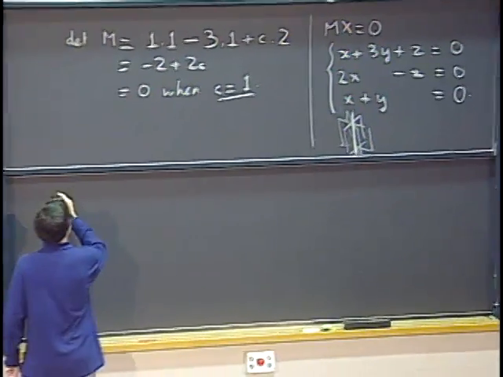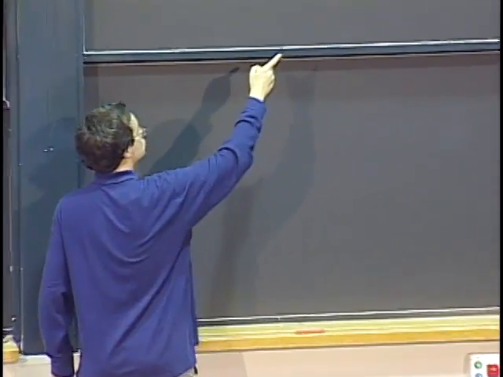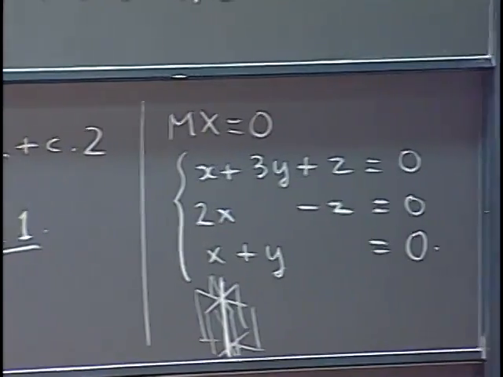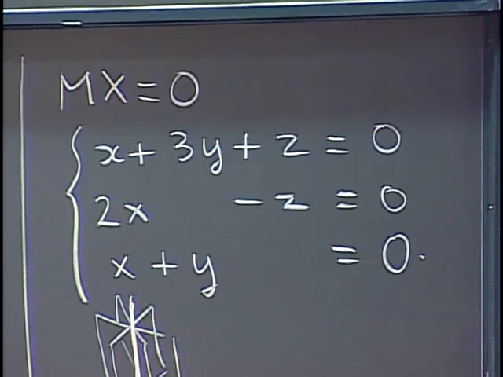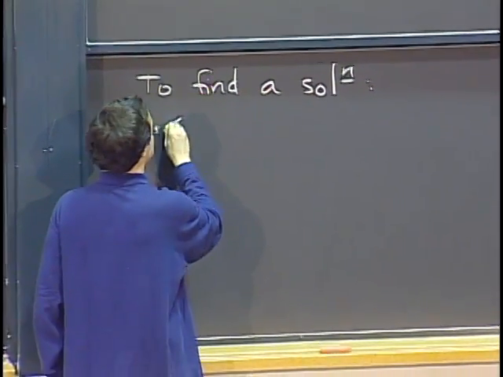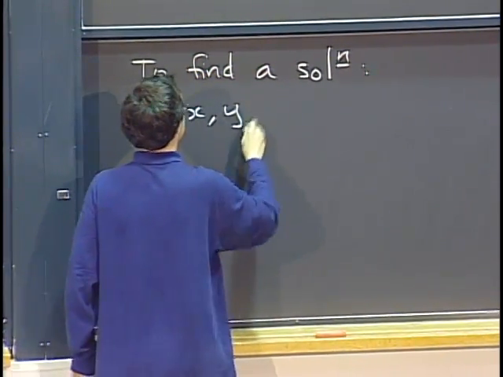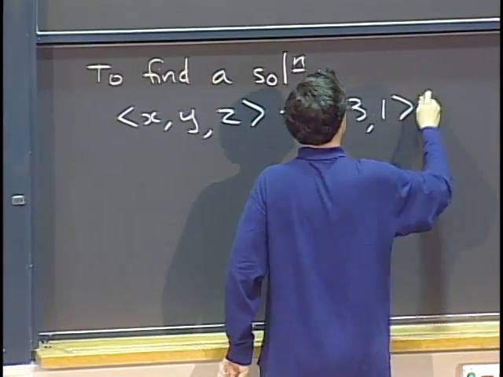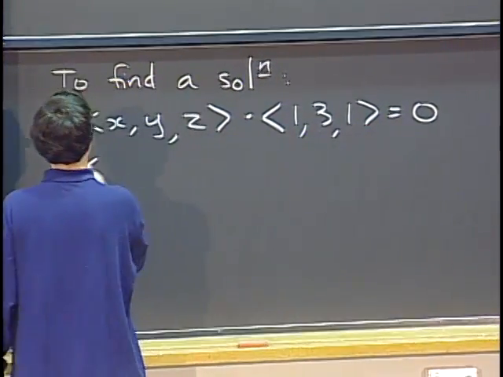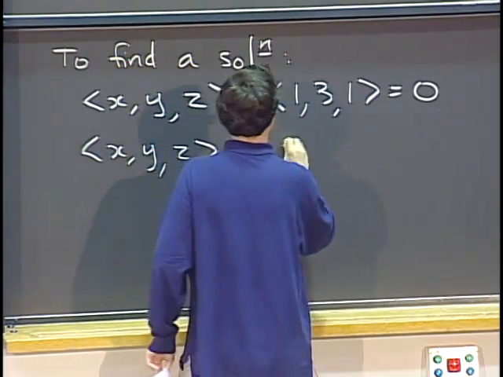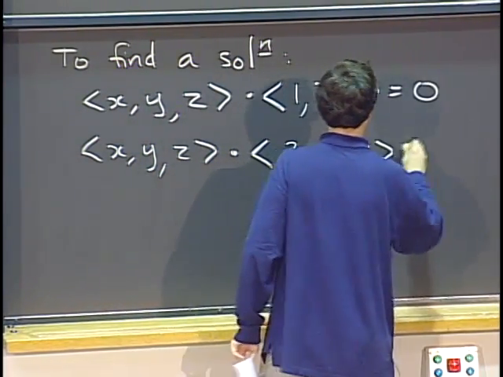But what that means is we want to solve, let's say, start with 2 of the equations. To find a solution, we can observe that the first equation says that xyz dot product with 1, 3, 1 equals 0. And the second equation says xyz dot product with 2, 0, negative 1 is 0.